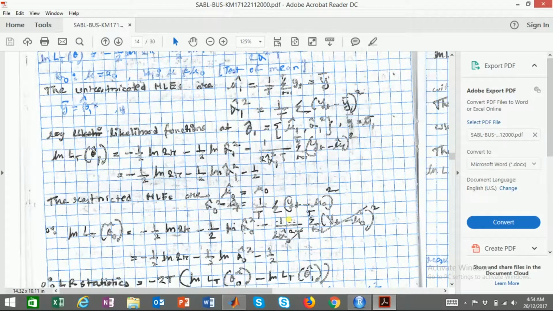And now the restricted maximum likelihood estimator. We have discussed here the unrestricted maximum likelihood estimator, where the last element becomes 1.